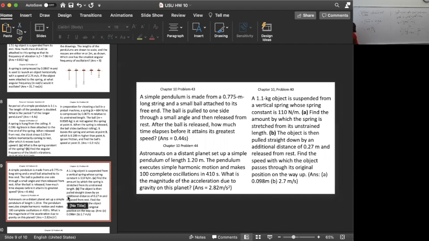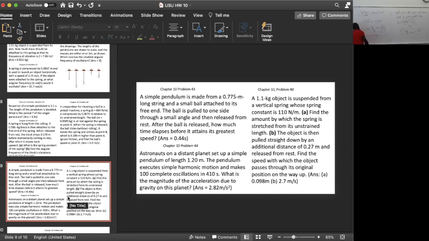The length of the pendulum is given, 1.2 over 9.8. So 1.2 divided by 9.8, square root of that, times 2 pi, is 2.199.